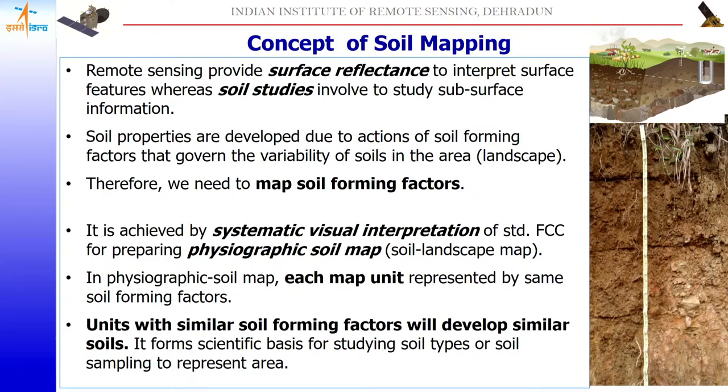If a polygon or area has similar soil forming factors, then you can say it will have similar soil forming processes. In other words, similar soil forming processes will develop similar types of soils. So you can say the entire polygon will have the same type of soils, and anywhere in the polygon you can take soil samples to characterize the soil type.